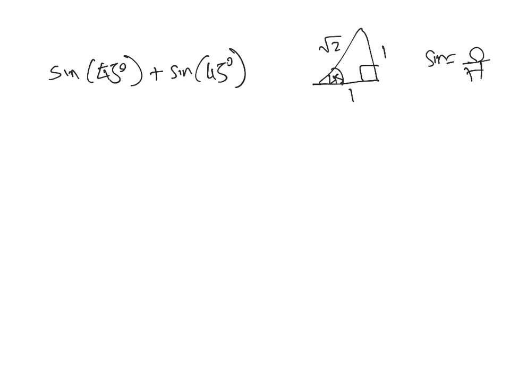So the sine of 45 degrees is 1 over root 2. So that's 1 over root 2 plus 1 over root 2. So 1 over root 2 plus 1 over root 2 is 2 over root 2. Okay. So just be careful. You're not adding the angles, you're adding the sine of the angles.